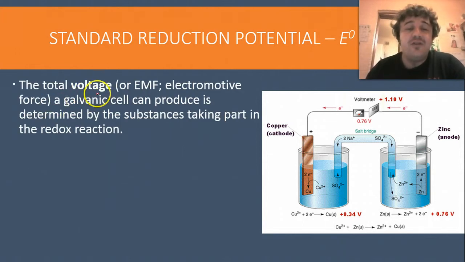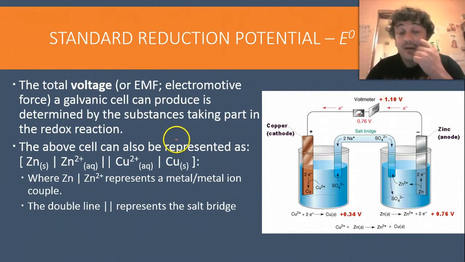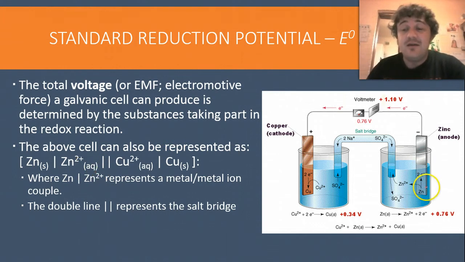So the total voltage or electromotive force that a galvanic cell or voltaic cell can produce is determined by what we've got taking part in the redox reaction. Okay, so the cell can be represented as zinc, copper. Now we've seen this before.